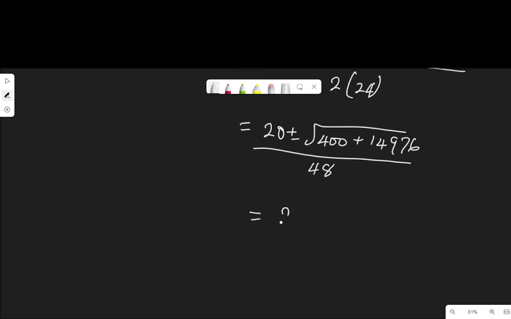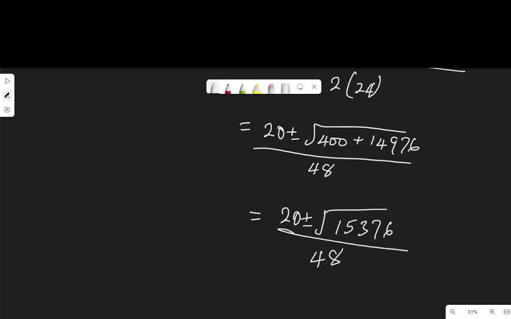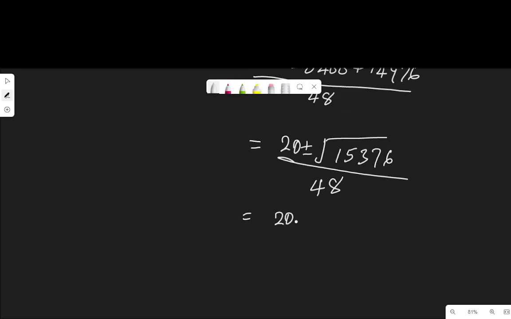That is 20 plus or minus the square root of 400 plus 14976, which is 15376. The square root of 15376 is 124. So we have 20 plus or minus 124 over 48.